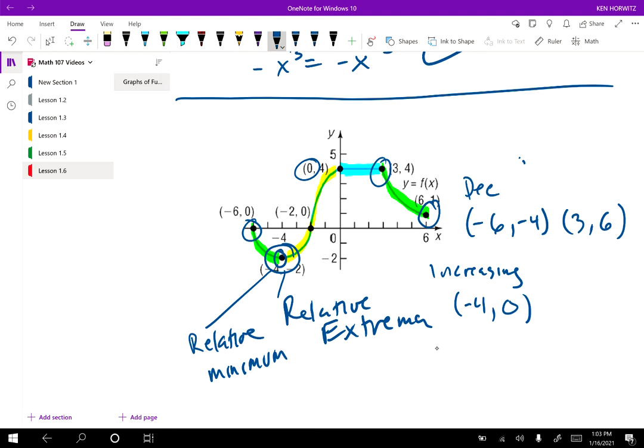And for constant, we are constant from 0 to 3. All right? Do we have any questions about increasing, decreasing, constant? We can discuss it. Like I said, probably things that you've seen before, but it's one of those things that is definitely worth going over.